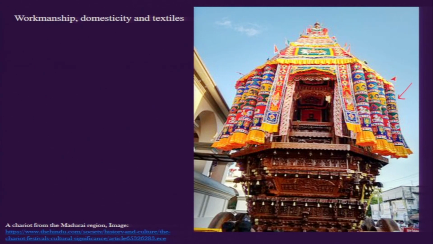And then there are also arches. Those arches remind us of temple gateways, and of course they might also show the influence of the sultanate and Mughal architecture. These arches are also called vasamalai, and they are part of the decoration of these chariots.